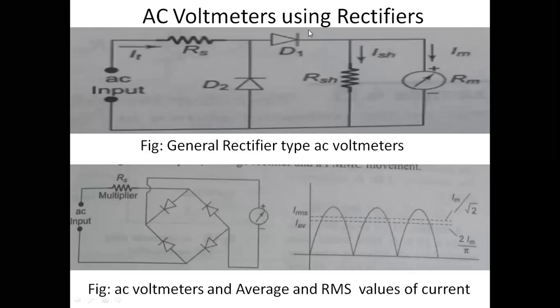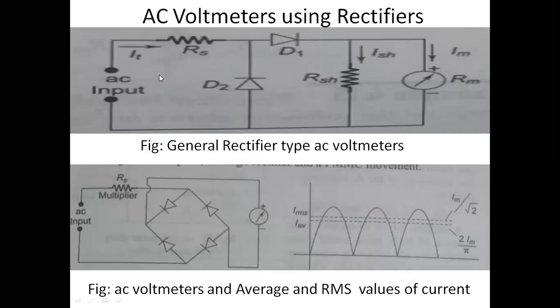In the positive half cycle, the diode D1 conducts, the current flows through the meter, and the meter reflects the amount of current flowing. That represents the amount of voltage applied here.